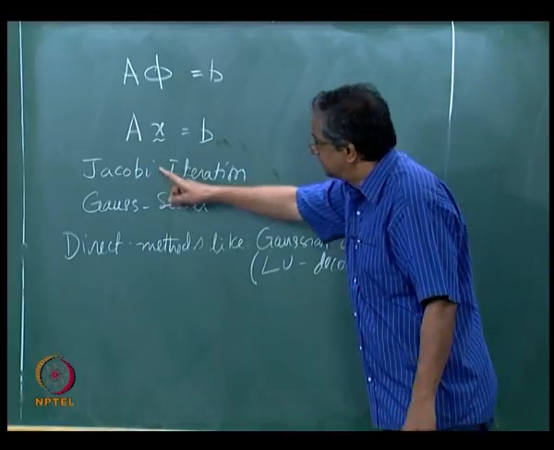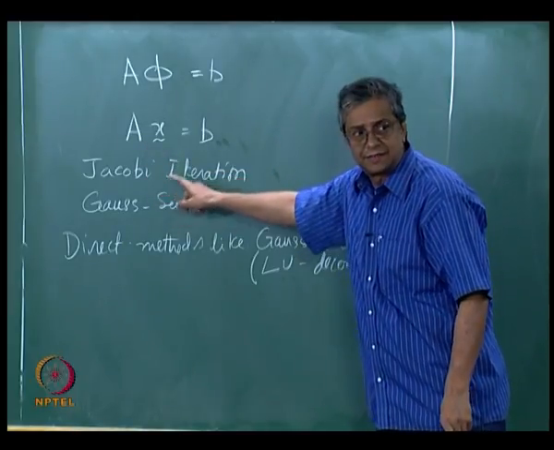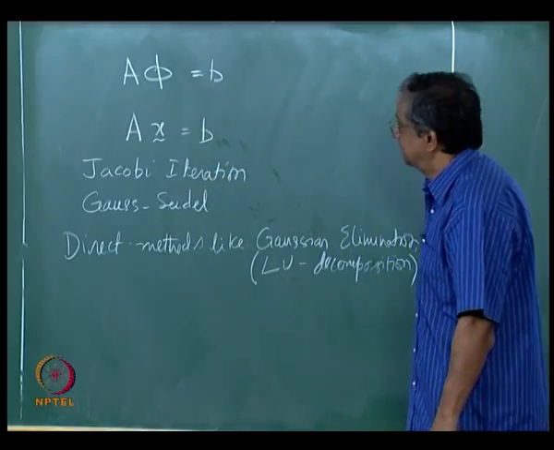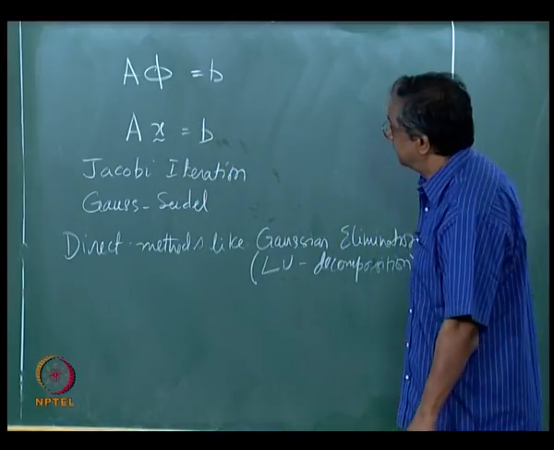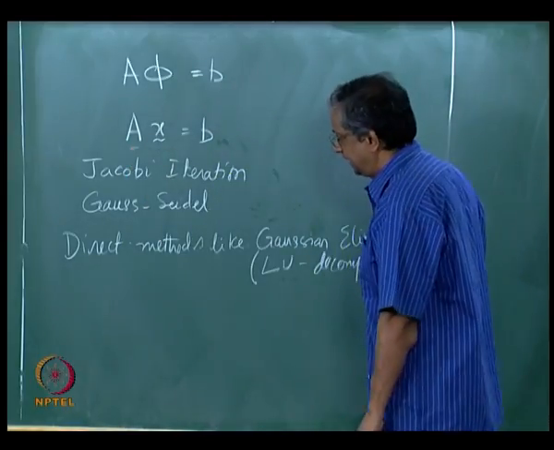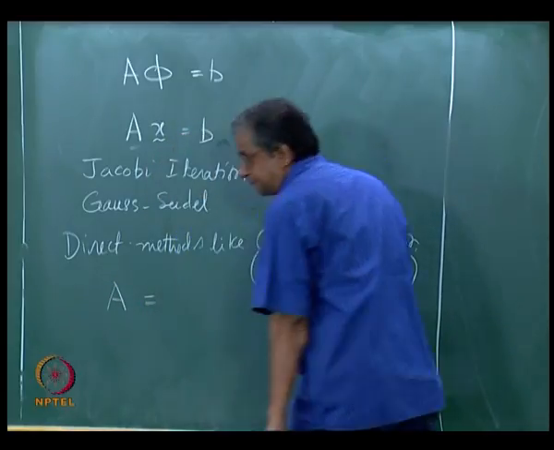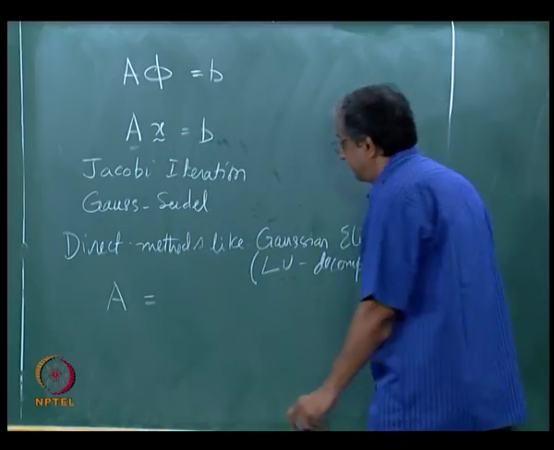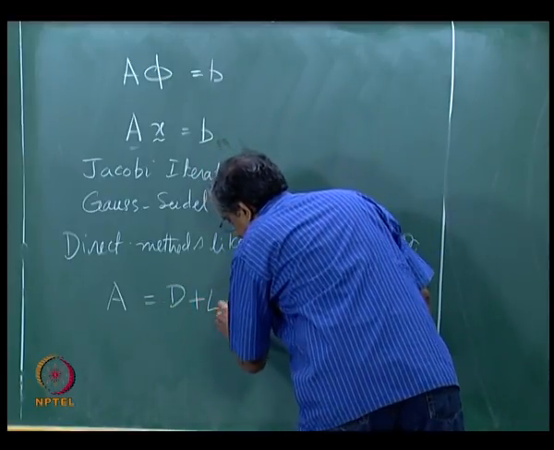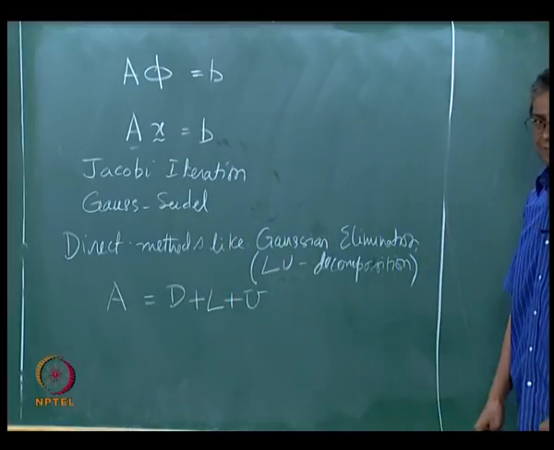Now, what we will do is we will try to write these in the iterative form that we have actually written for phi, in a recursive form. In order to do that, I need to partition A. I want to write A as the sum of 3 parts D, L and U. This is basically where we ended in the last class.